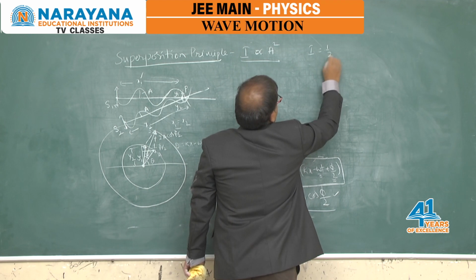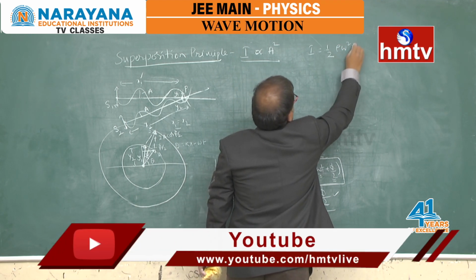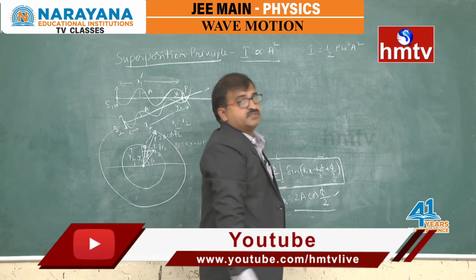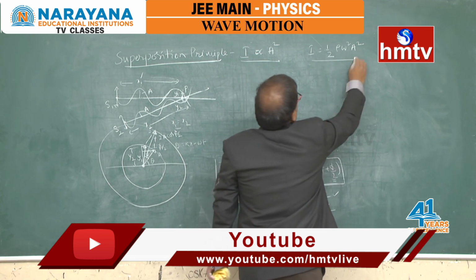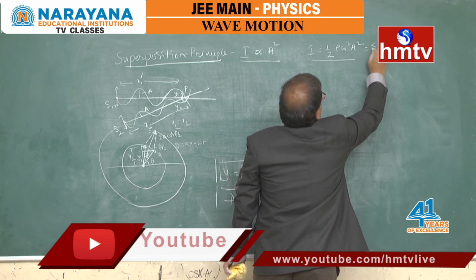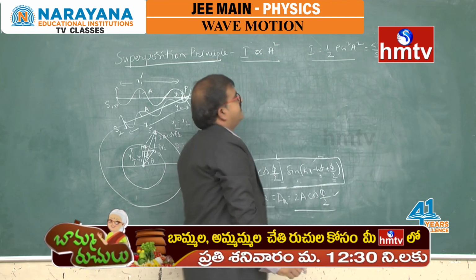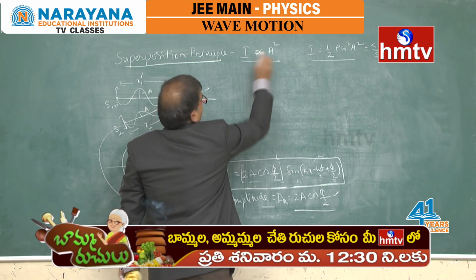As you got, intensity is equal to half rho omega square A square, which is nothing but the average power transmitted per area of cross section. So it is proportional to A square.